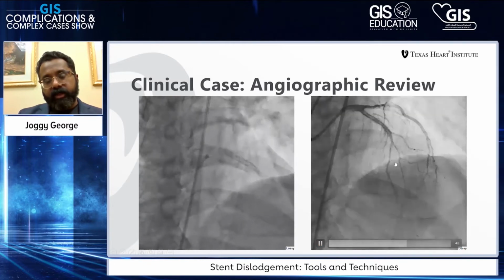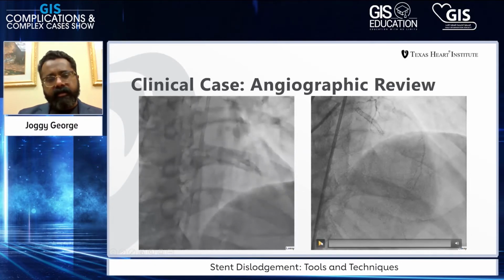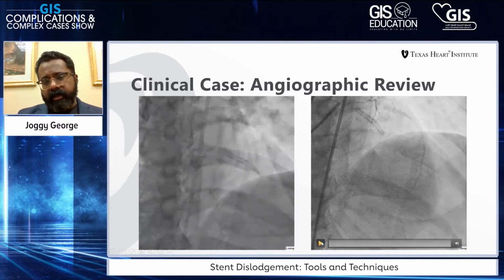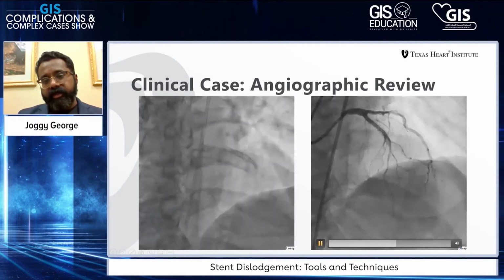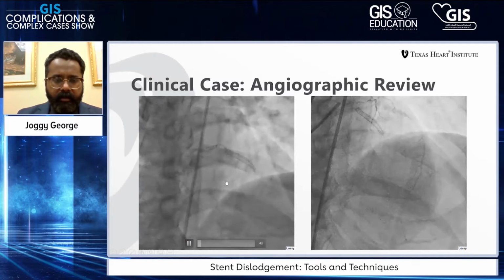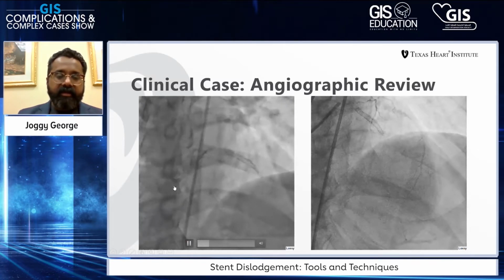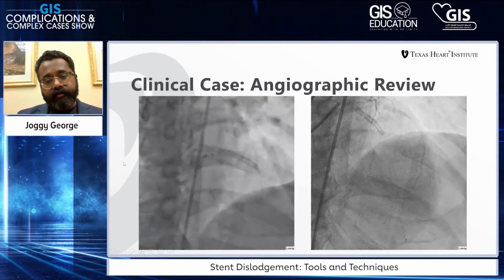That area that was thought to be an occlusive lesion is now fully patent and did not require any further interventions. Now on the left, we can see the operators snaring the dislodged stent back into the guiding catheter.